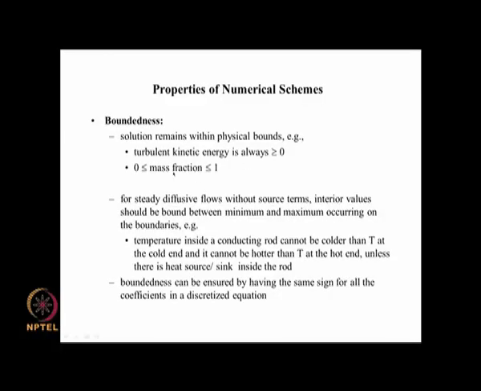Similarly, mass fraction cannot be negative. Turbulent kinetic energy, which we will see later on, is always a positive quantity, or it can at least be 0. So, these are the kind of things that need to be honored.